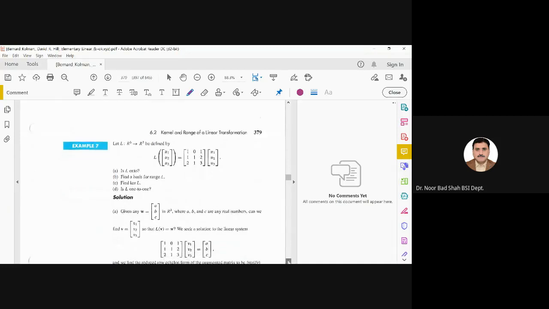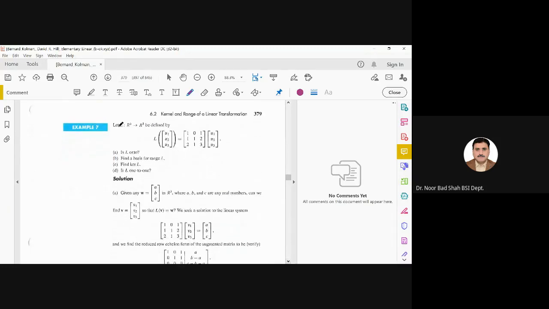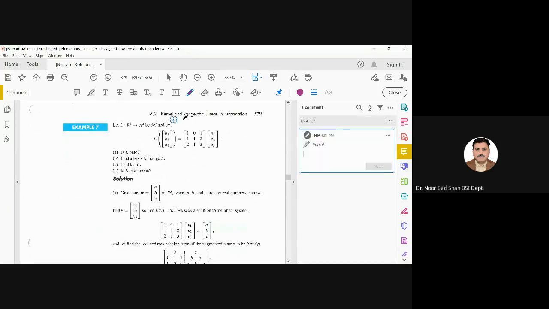Okay, let's do this example again. L is from R3 to R3, defined as the same thing we discussed earlier: LU is equal to A times U, where A is the standard matrix of the linear transformation. We check: is L onto?